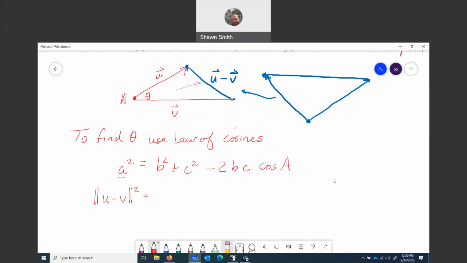The B is going to be this one right here, the magnitude of U squared, plus C, the magnitude of V squared, minus 2 times the magnitude of U times the magnitude of V times the cosine of theta.